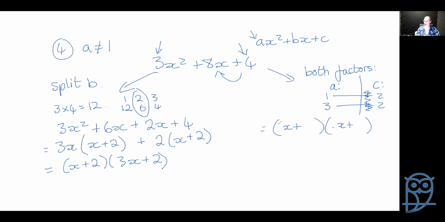So here we're going to have 1, and we're going to multiply it with 2. We're going to have a 3, and we're going to multiply it with 2. See why I mean that you have to be a little careful with where you put your numbers. Lastly, go double check it with FOIL. If you use the both factors method, always check with FOIL.